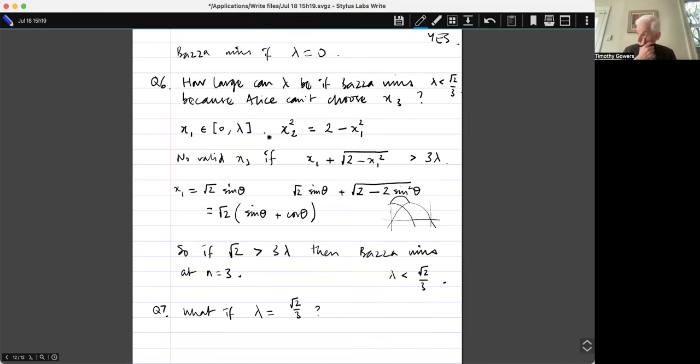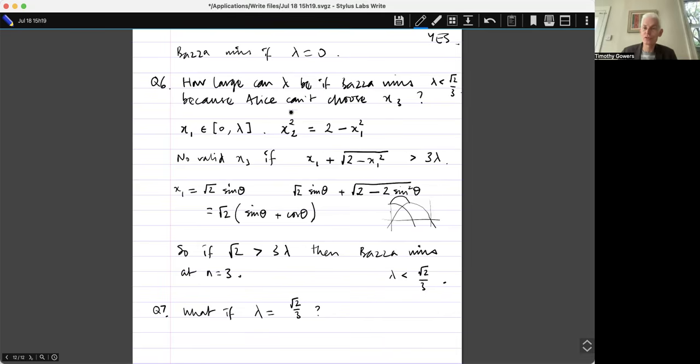In other words, if Alice chooses 0, Bazza will choose root 2, and so x1 plus x2 will be root 2 and x1 squared plus x2 squared will be 2.